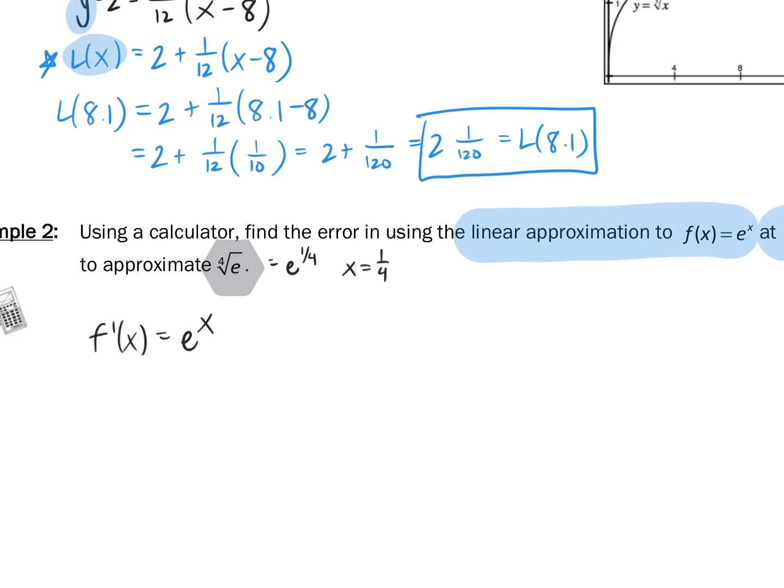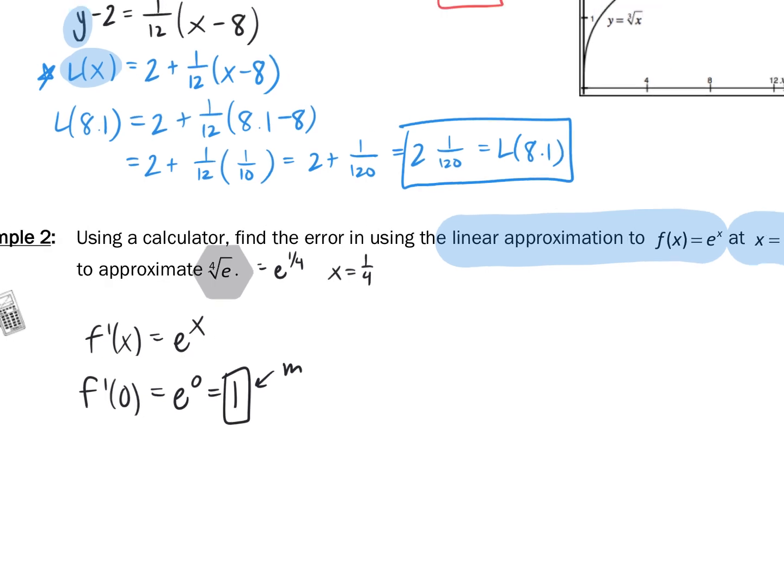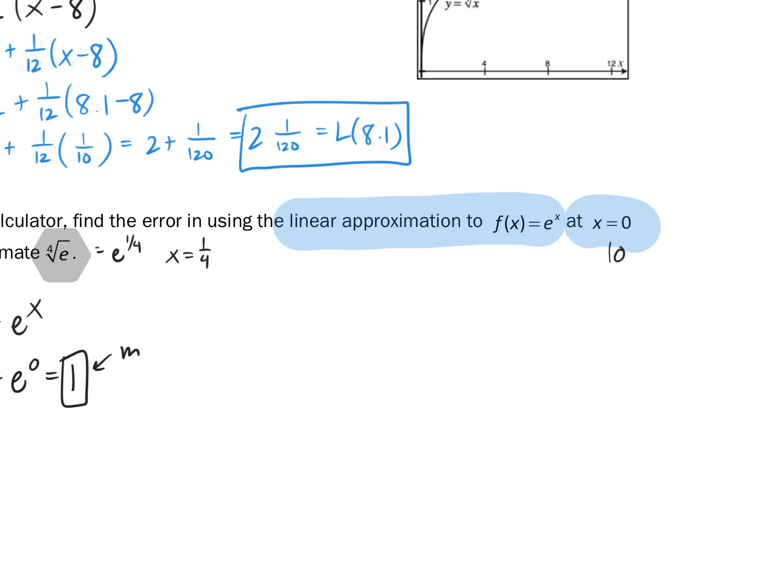I'm writing a tangent line, I need the slope, specifically at that point of 0. So f prime of 0 is equal to e to the 0, which is just 1. Anything to the 0 power is 1. So my slope is 1. Now my point, I have an x value is 0. How do I find my y value?